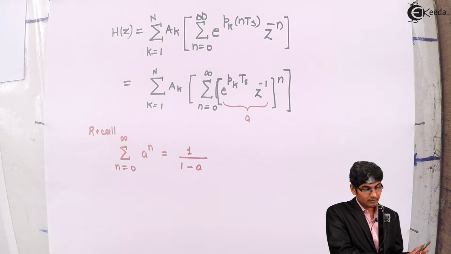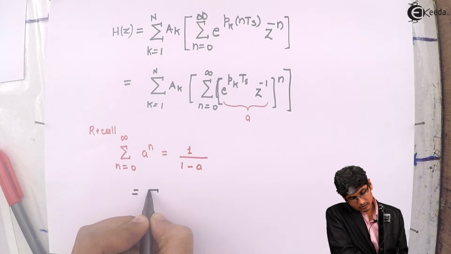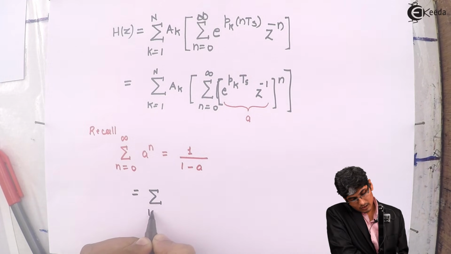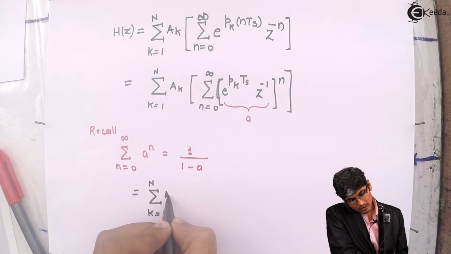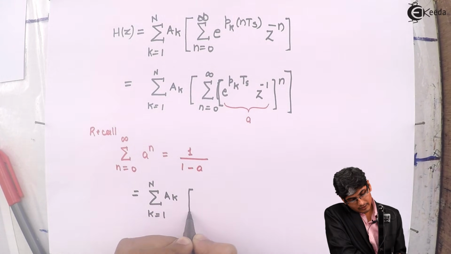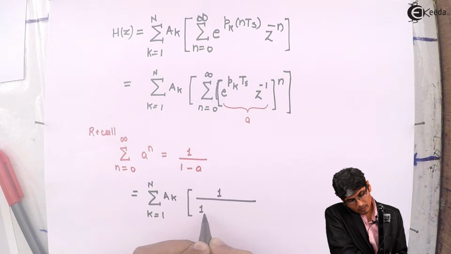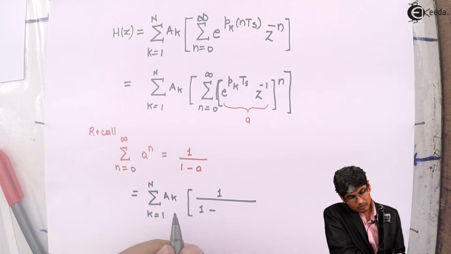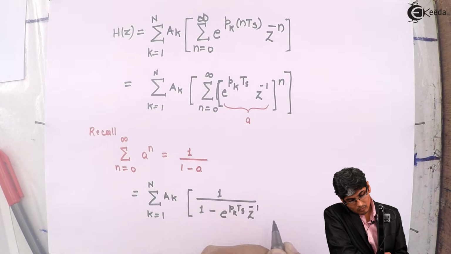So if I replace, then I will get summation k going from 1 to n a_k, and this entity will now be 1 upon 1 minus a, where a is equal to e raised to p_k Ts into z raised to minus 1.